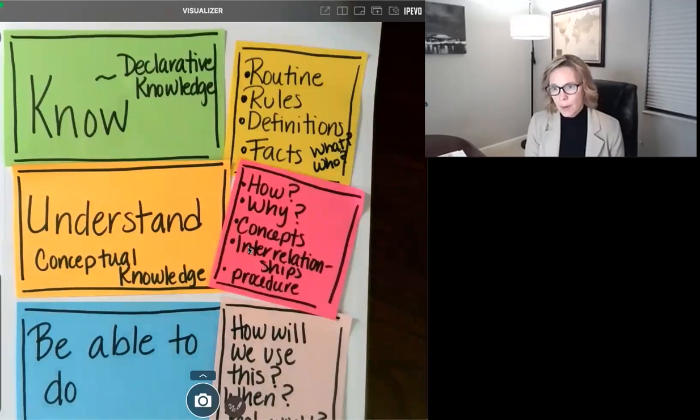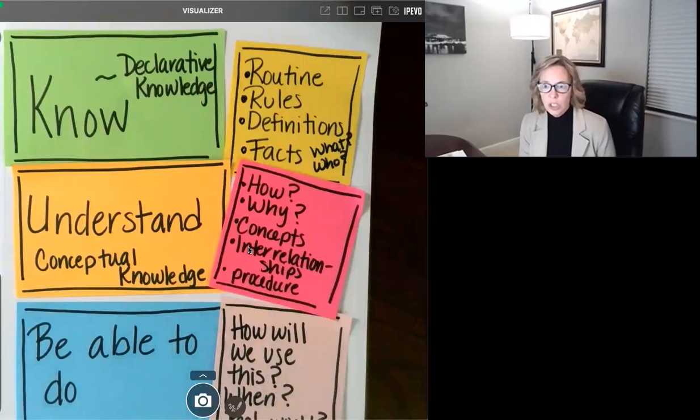Another thing that I think about is when I'm teaching students how to read and comprehend a text. They need to understand that they can use a variety of strategies depending on the text that they're navigating, or depending what they're coming upon when they get to different parts of the text.